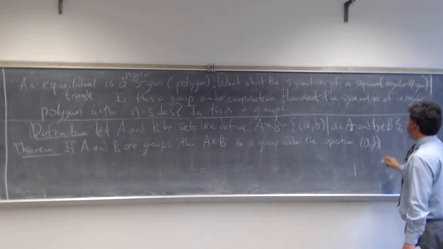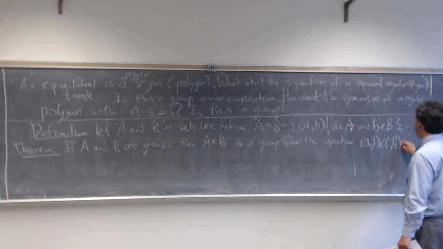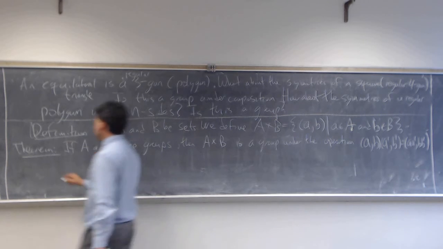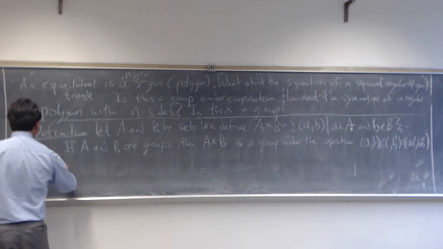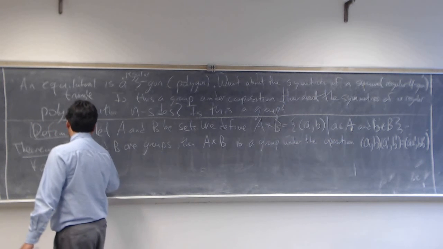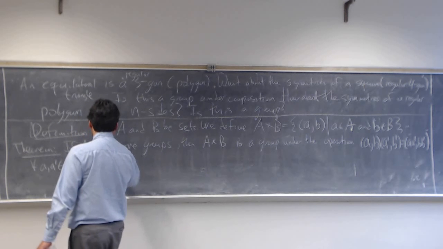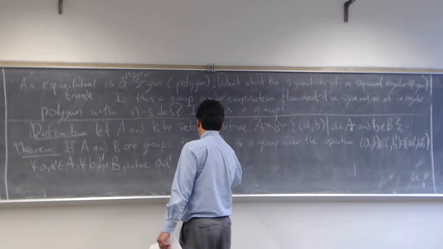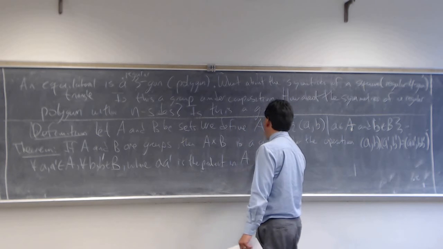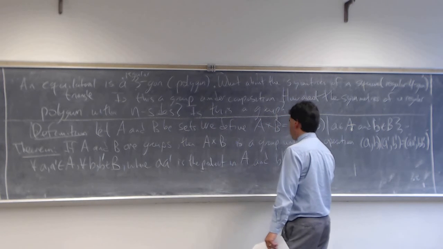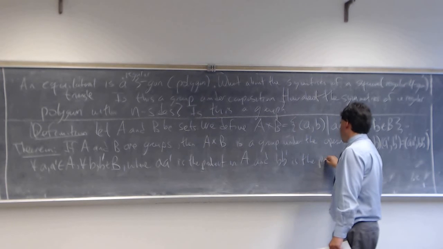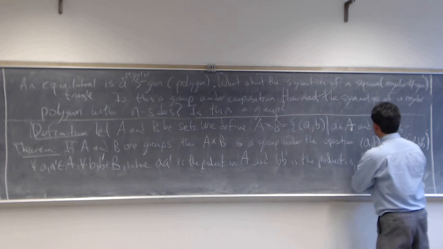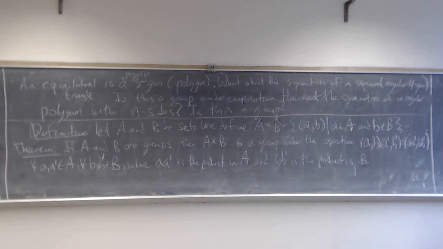So what are two elements of it? (a, b) and (a prime, b prime), and the product would be (a a prime, b b prime), for all a and a prime in A, for all b and b prime in B, where a a prime is the product in A, and b b prime is the product in, oh sorry, not in G, in the second group, B. So you may have two different operations.